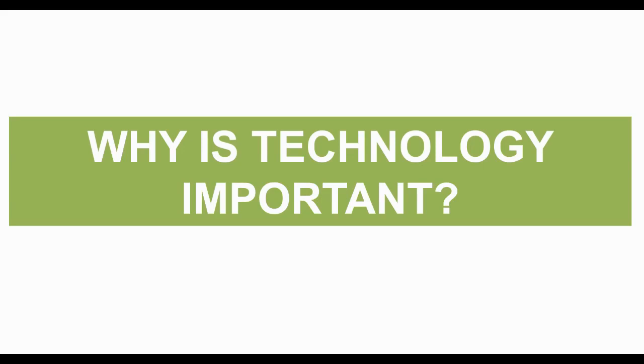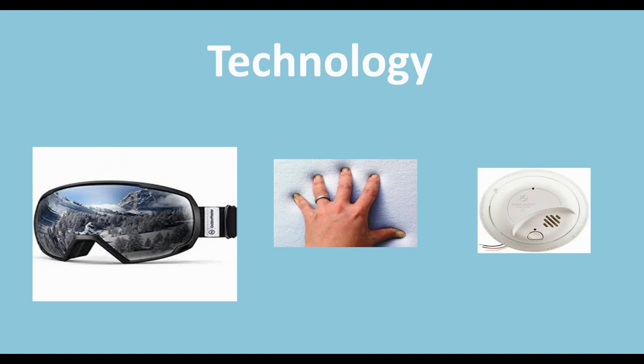The study of earth science and the study of science in general has led to many discoveries that have solved society's needs and problems. The cool thing about technology is that it's transferable and can be applied in new situations. Here are some technologies that we can thank science and scientists for.